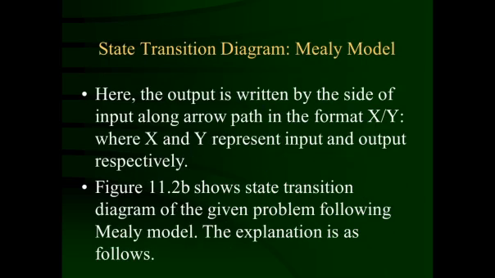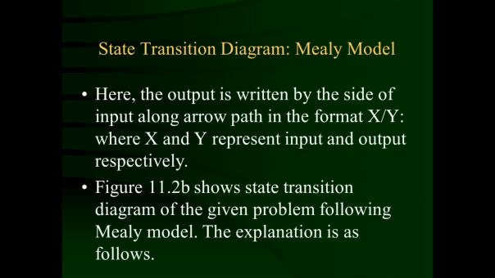State transition diagram using the Mealy model. Here, the output is written by the side of the input along the arrow path in the format x oblique y, where x and y represent input and output respectively. Here, the format is slightly different. We are writing the state, either A, B or C, inside the circle. That means the state is represented inside the circle.